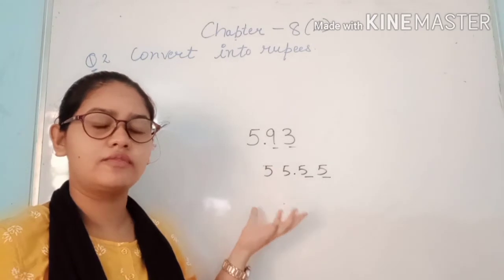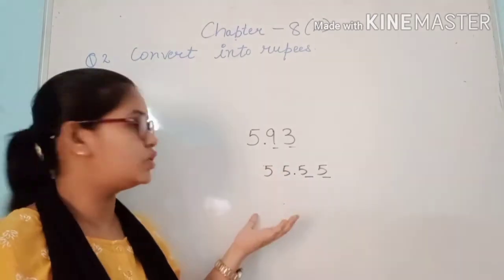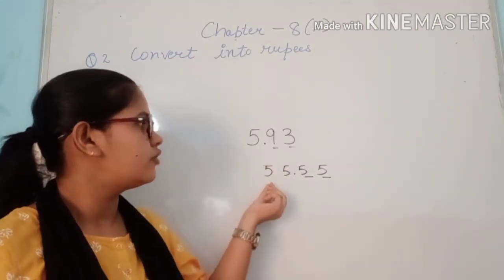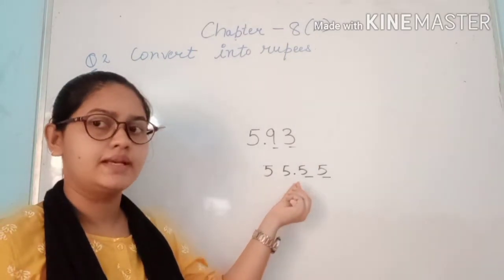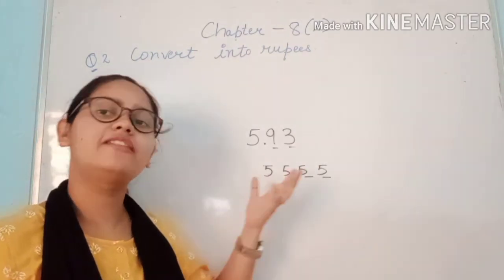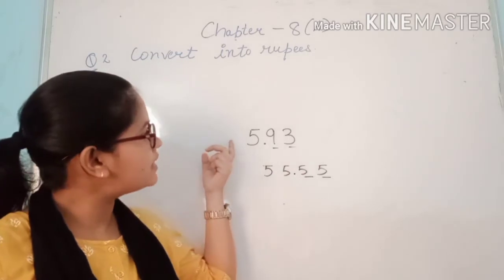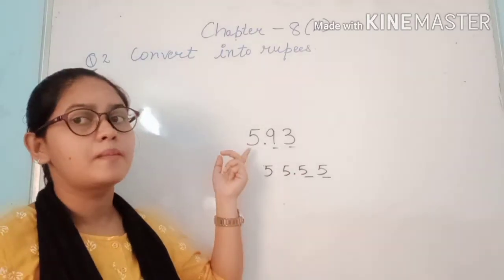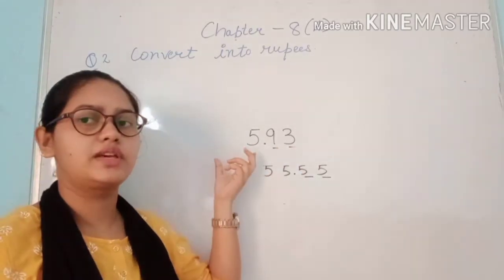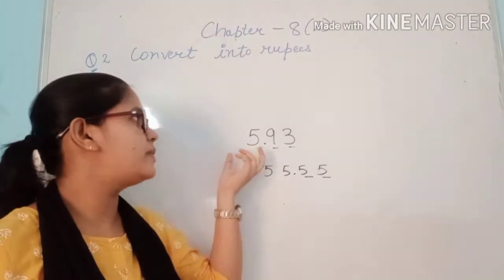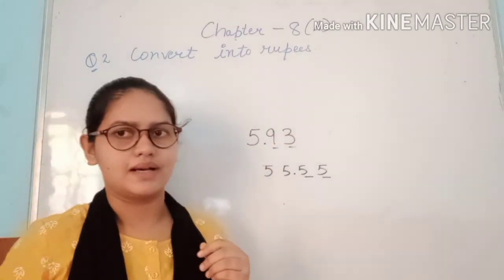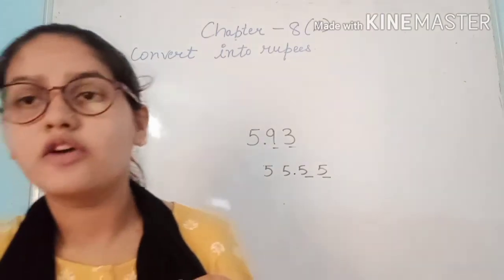That is how we convert to rupee and paisa. Now you can read it as 55 rupees and 55 paisa. And same here, we can read 5.93 as 5 rupees 93 paisa. So this one is from your example.